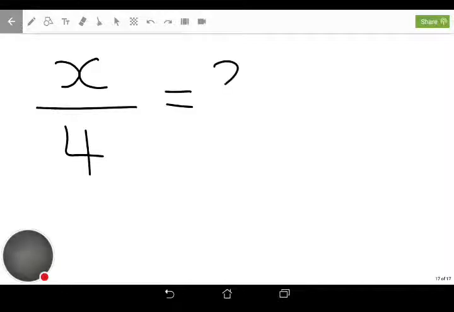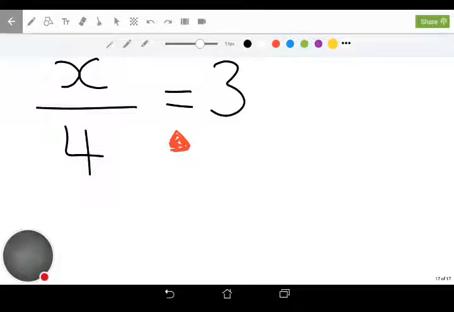Okay, so we're going to now move on to another example. So x divided by 4 is 3. Okay, again, use the same method. The equals is our set of scales that we need to keep balanced, so whatever we do to one side we will do to the other. Now we've got x divided by 4 equals 3.